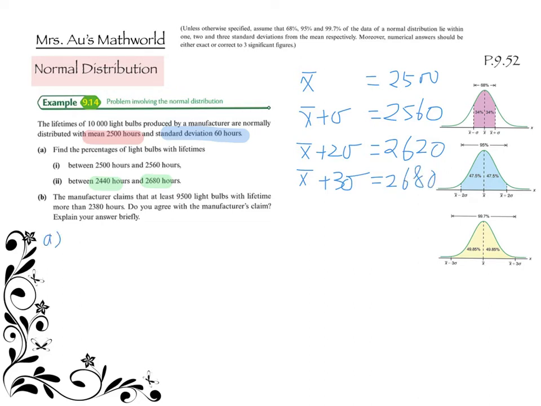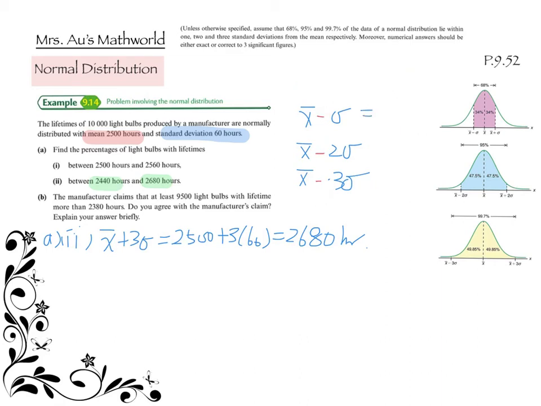For A2, we will have x bar plus 3 SD equals 2,500 plus 3 times 60, which becomes 2,680 hours.